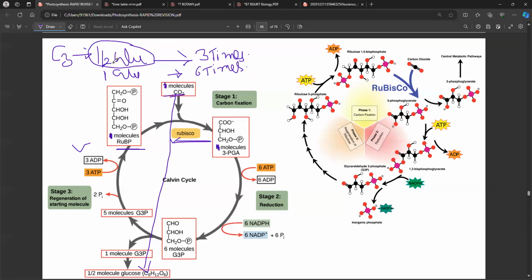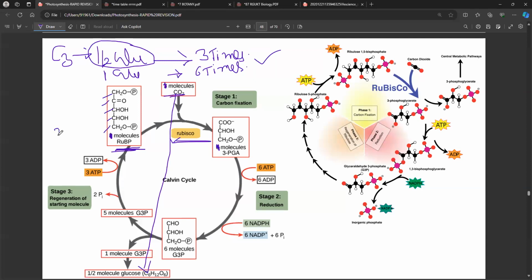So, in order to produce half glucose, the cycle has to turn 3 times, which means one time one RuBP will come into the picture. Then 3 times, how many RuBP will come into the picture? Undoubtedly, 3 RuBP. Everyone can look into the picture. One RuBP is 5 carbon: 1, 2, 3, 4, 5 carbon.